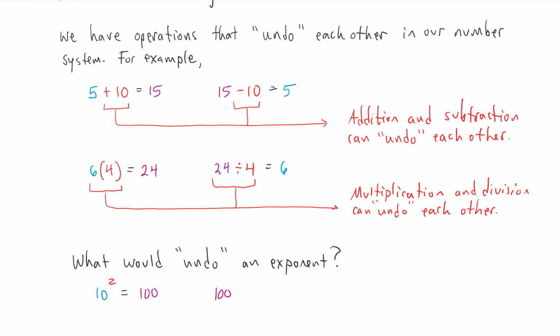What would undo that exponent? Well, it turns out, as you're going to see, square roots will do that. So we could find the principal square root of 100, and the principal square root of 100 is 10. So it turns out square roots can undo an exponent of 2, and that's going to be our focus in this video.